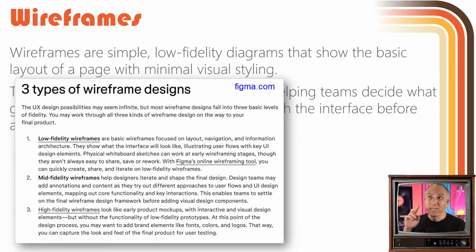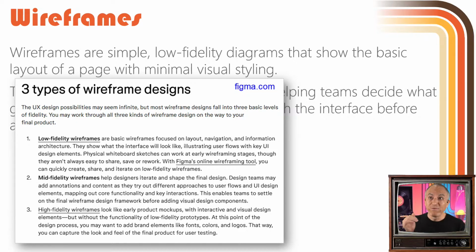What was interesting about the definition I grabbed versus the Figma discussion I kind of like is Figma mentions you can have low fidelity wireframes, which you can, super simple, black and white, just squares and labels.